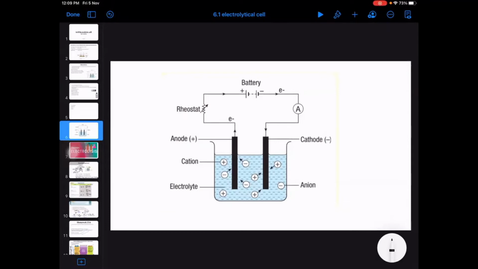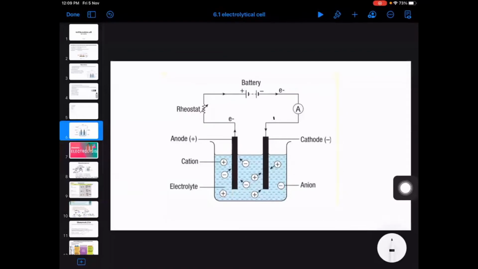So when the electrons flow through these wires, electrodes and electrolyte, electric current also flows through together. Okay, so the electricity will eventually make the electrolyte, the compound here, be decomposed, be broken down.